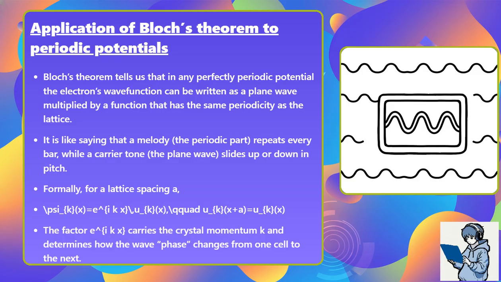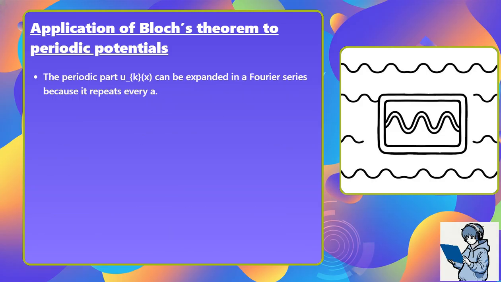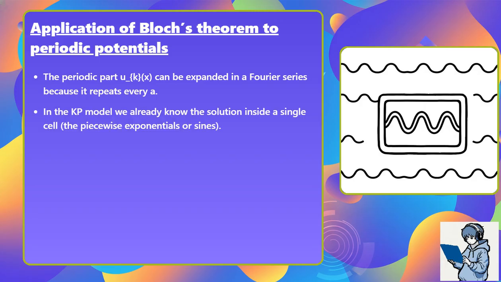The factor e^(ikx) carries the crystal momentum k and determines how the wave phase changes from one cell to the next. The periodic part u_k(x) can be expanded in a Fourier series because it repeats every a. In the KP model, we already know the solution inside a single cell, the piecewise exponentials or sines.